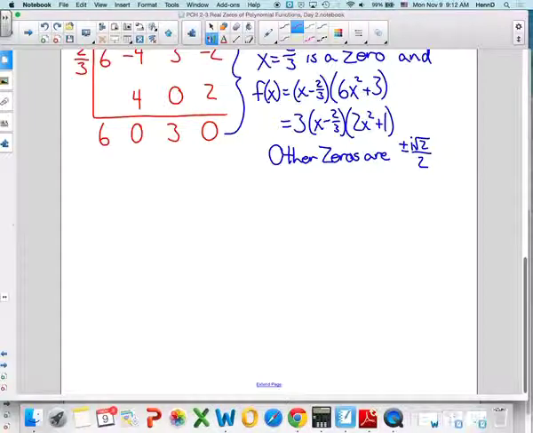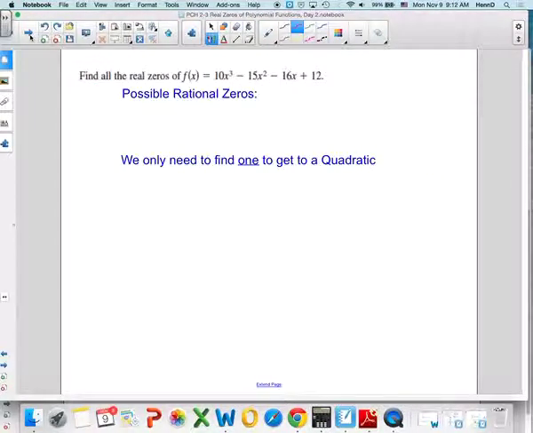So, try one here. What are the possibilities? That's going to be a lot. But here's the thing, there are a lot of possibilities, right?